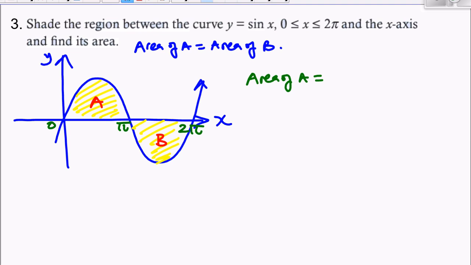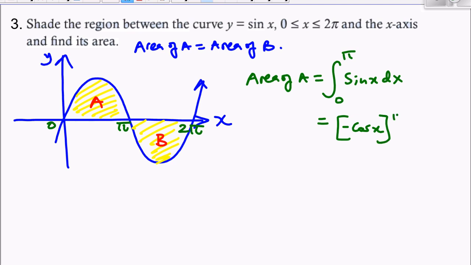will be the integral from 0 to pi of sine x with respect to x, which will be negative cos x, which gives us negative cos pi minus, in brackets, negative cos 0.